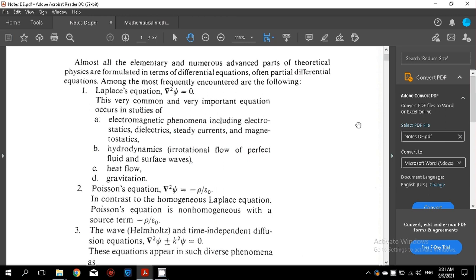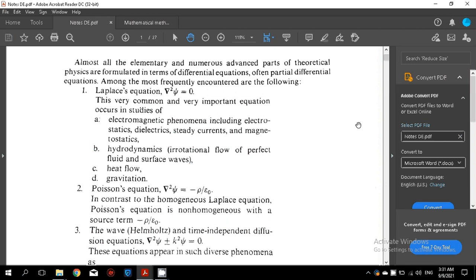So this is known as the Laplace's equation, and this is a very common and very important equation which occurs in the studies of electromagnetic phenomena, including electrostatics, dielectrics, steady currents, and magnetostatics, and you know all these topics are from physics. B, hydrodynamics, that is the irrotational flow of perfect fluid and surface waves, and then C, heat flow.